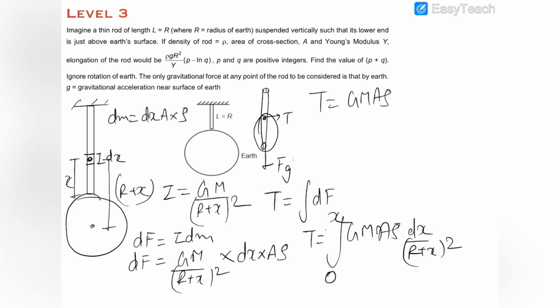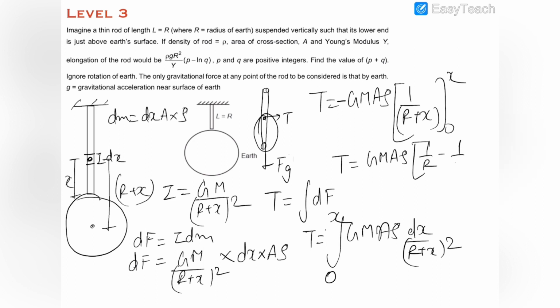So you can write it down as minus 1 upon (r plus x), and the limit will be from 0 to x. So T will be equal to GM A rho into (1 upon r minus 1 upon (r plus x)). This is the tension at this point, which is at a distance of x from the lower end.